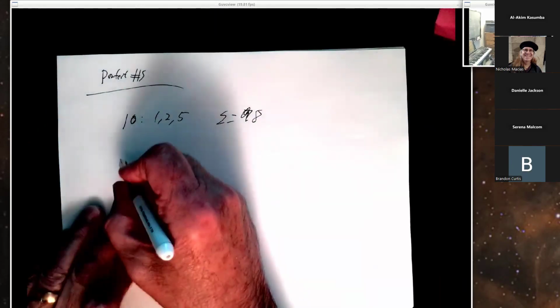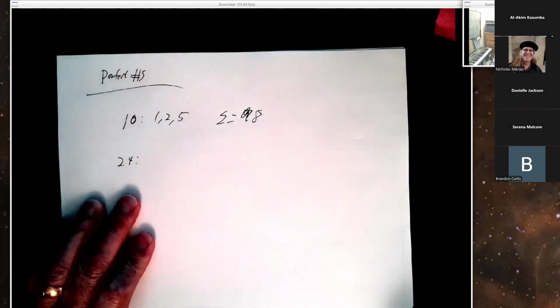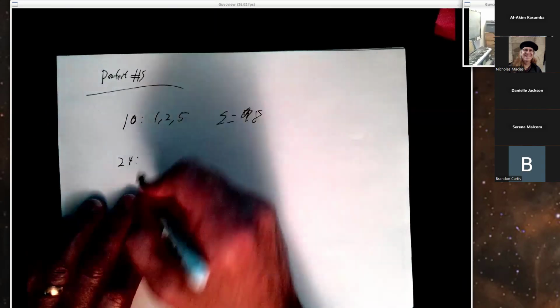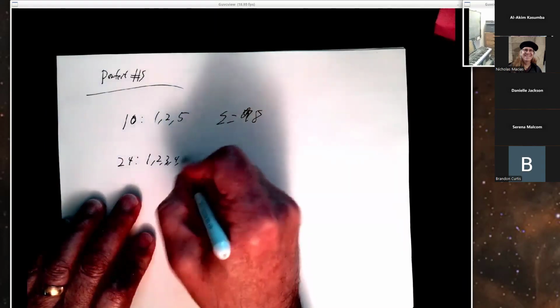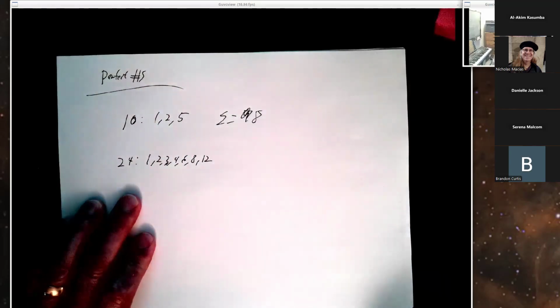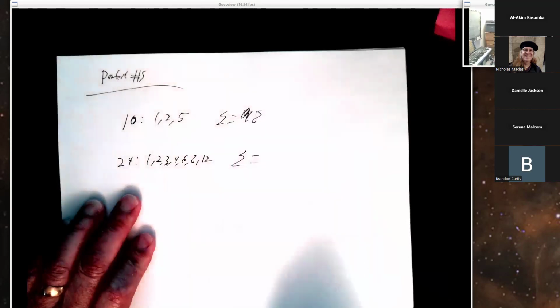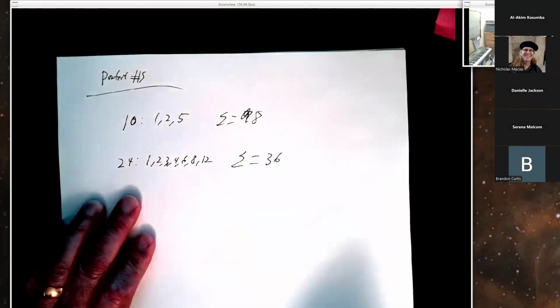You had a question back in the set theory one to list all the factors of 24. And it has a lot of factors: 1, 2, 3, 4, 6, 8, and 12. And if you add those up, you get 36.